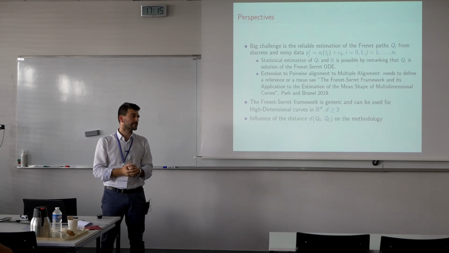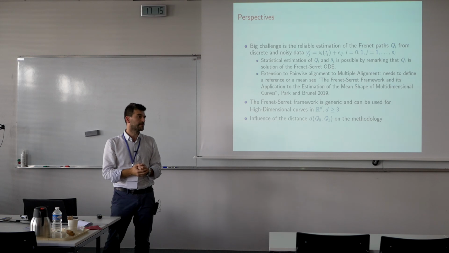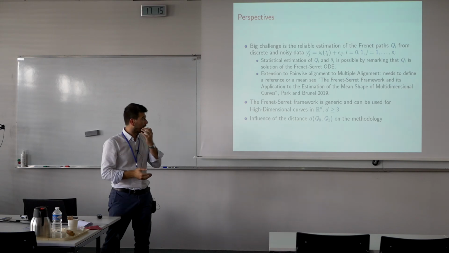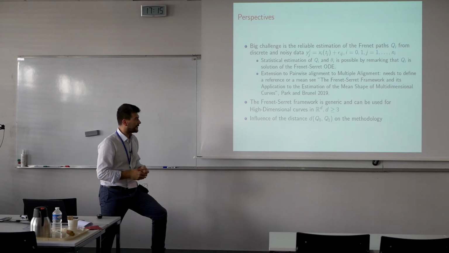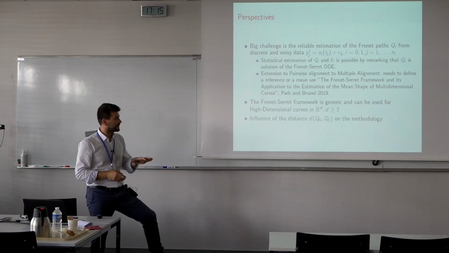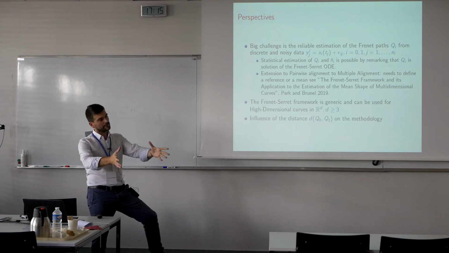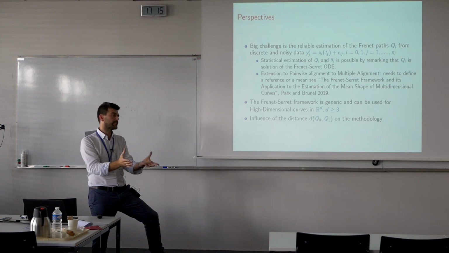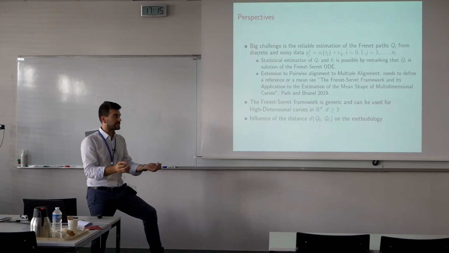We talked about the influence of the distance between Q0 and Q1. Which distance do you use? What is exactly the influence? Okay, I can elaborate a bit on that. We have these two curves in SO(p), and we do this pointwise comparison. For the pointwise comparison, we have used the Frobenius or the geodesic distance, and the geodesic distance is better, of course.